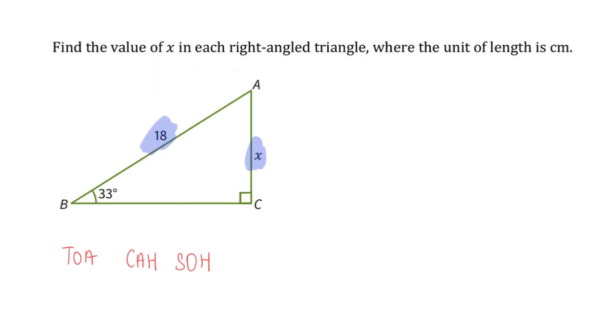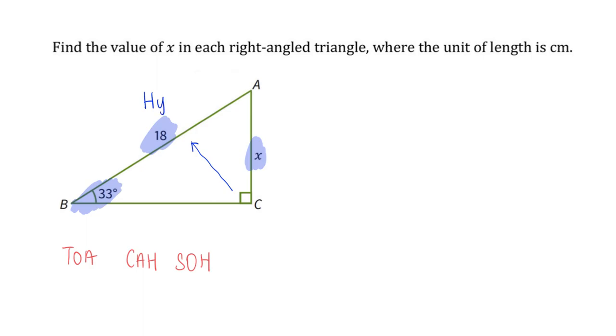And we are also given the angle here. So, with respect to this angle, step 1, identify the sides that x and 18 currently are. 18 is the side that is directly opposite the right angle.